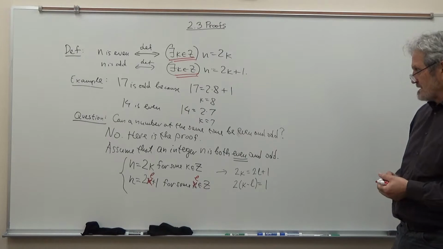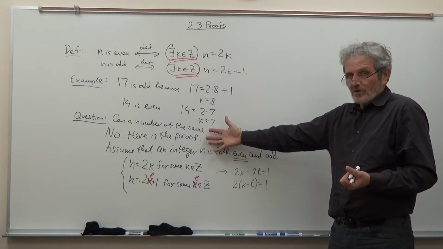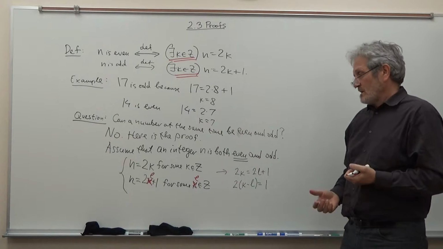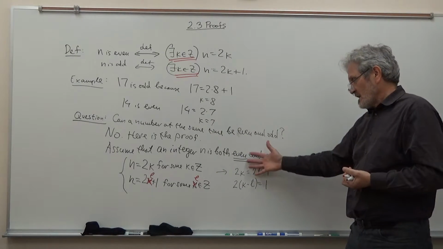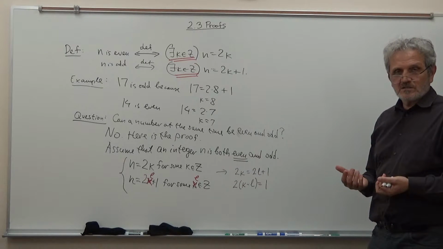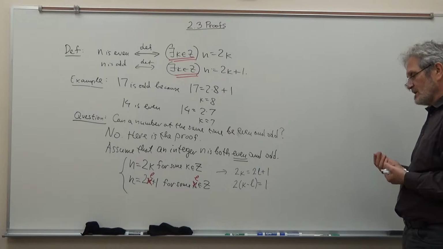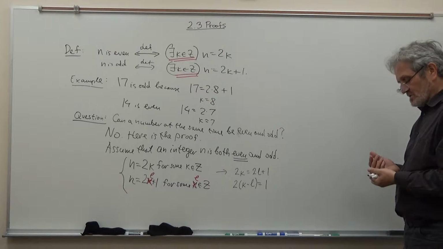You see what happened? Before, I had statements that are hard to manipulate, and you are never sure what you are concluding from them. Now we have equalities, which are important machinery that we developed, and we are on much more solid ground trying to reach a contradiction.